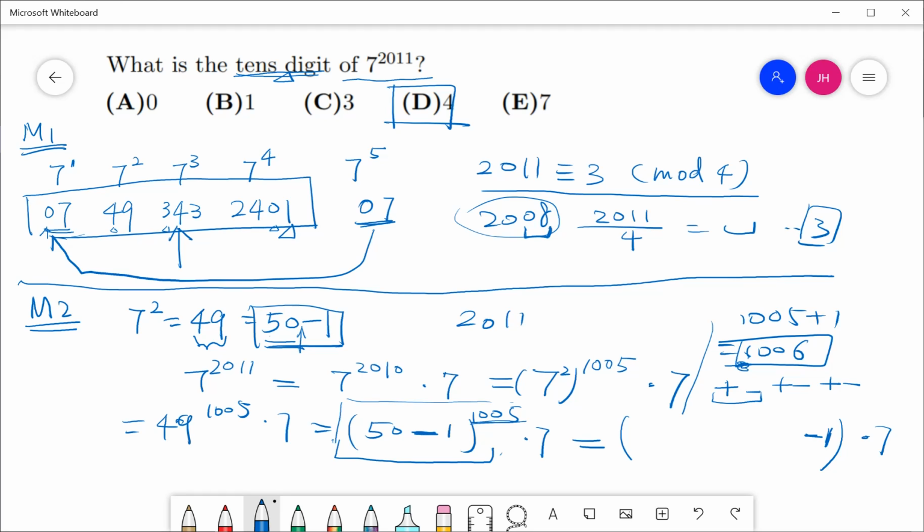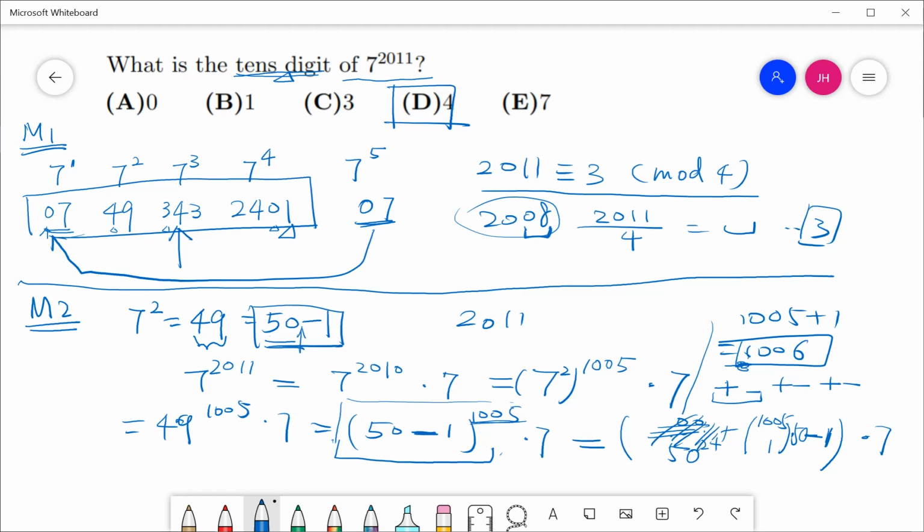Then what's the second last? That'll be 1005 choose 1, times 50, right? And plus dot dot dot. There are a lot of terms here, since all of the other terms contain 50 to the power of 2 or greater, so the last 2 digits have got to be both zeros. The tens and the ones digits are both zeros, so they will not affect our final result.